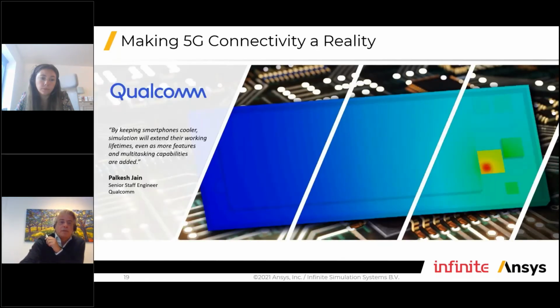The software is used a lot in the electronics market, for instance by Qualcomm, a company which develops the chips for smartphones, and everybody knows that temperature is an issue. The lower the temperatures, the better it performs, and also the lifespan will be increased. So that's what Qualcomm does with the portfolio of Ansys.